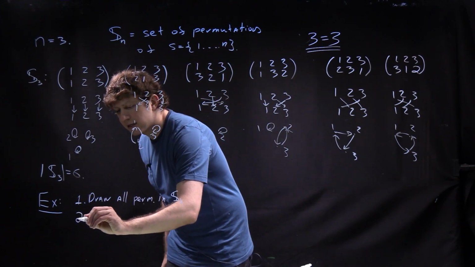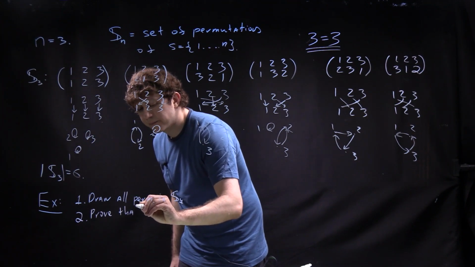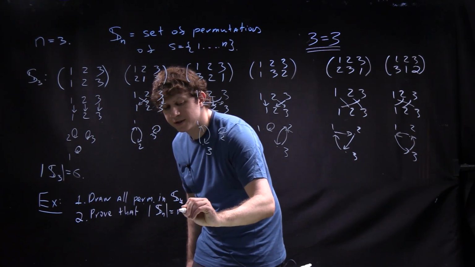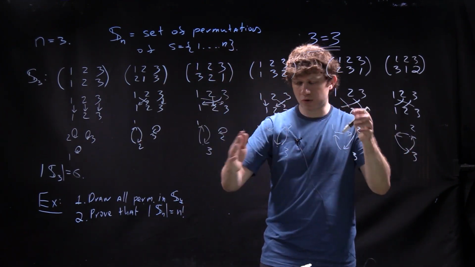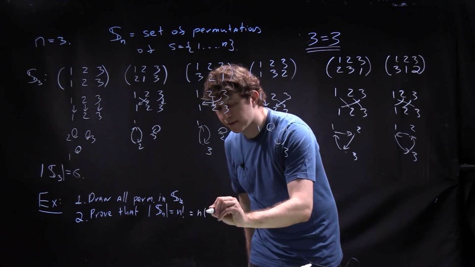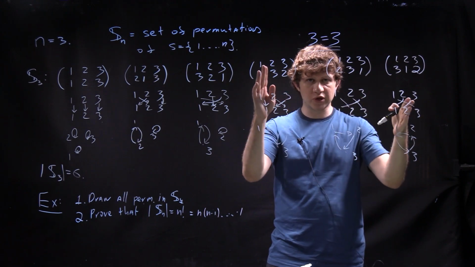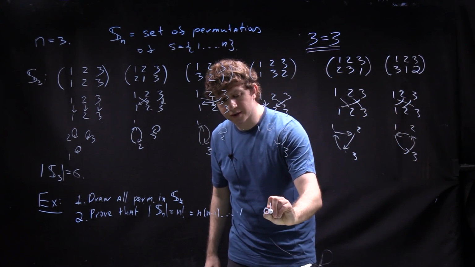And the second exercise is to prove that the cardinality of the set of permutations, the number of such permutations, is n factorial. So there are n factorial ways to permute. n factorial is of course n times n minus 1 and so on down to 1, and this is the number of ways to permute elements with each other. A convention is that 0 factorial is equal to 1.